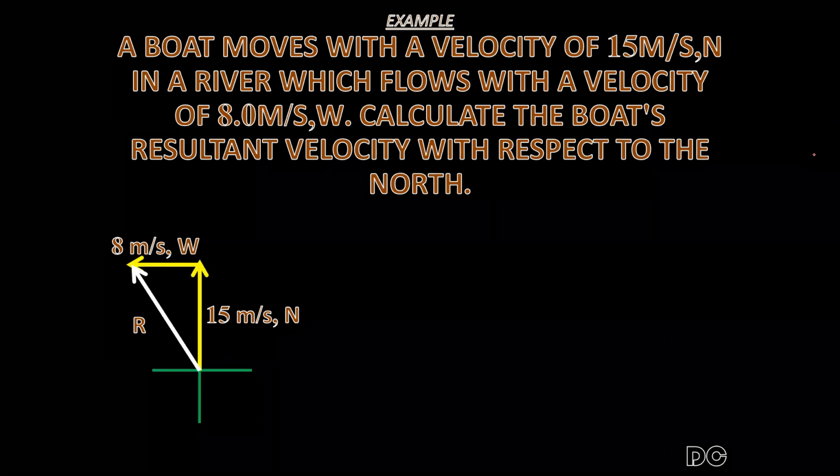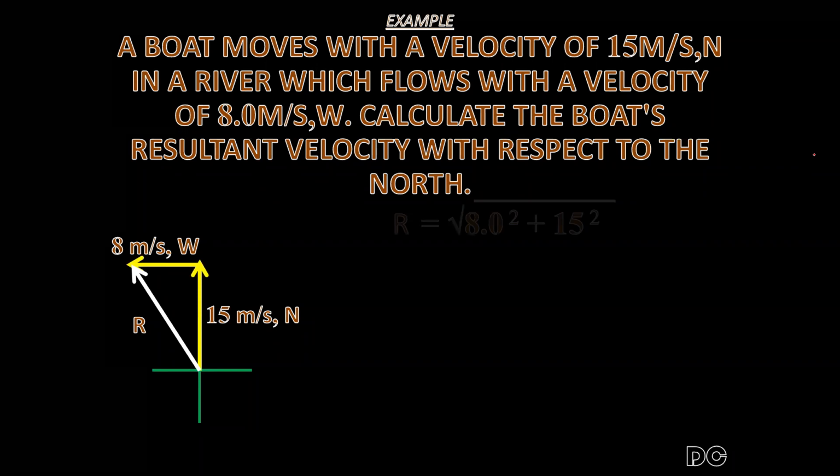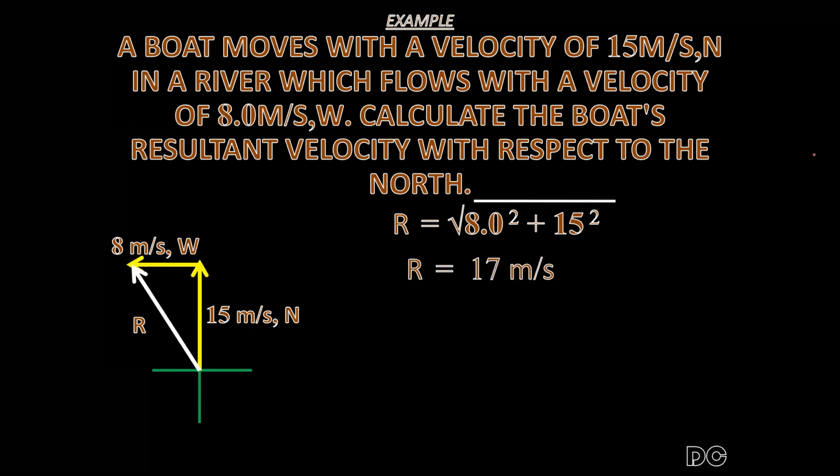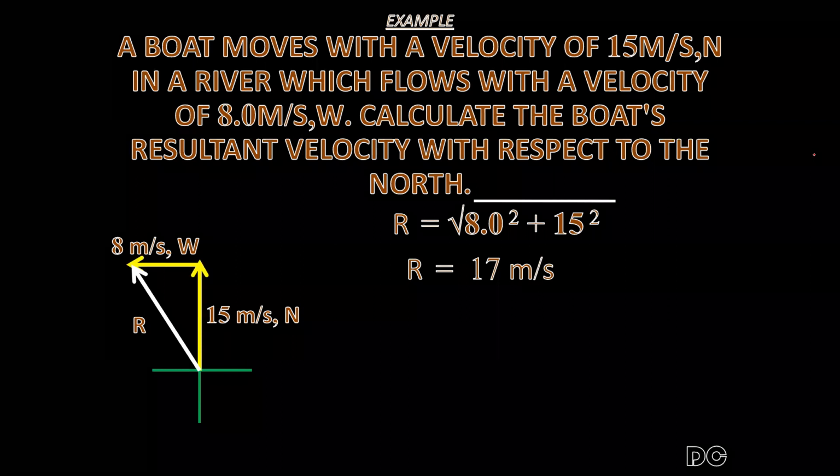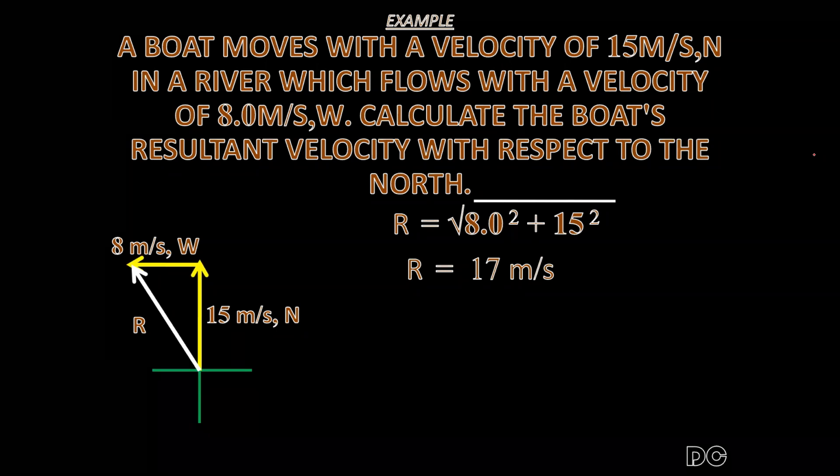Okay? Kasi specific yung tanong eh. Okay, so to solve for the resultant using the Pythagorean theorem, 8.0 square plus 15 square. So the resultant is now equal to 17 meters per second. So that is the resultant after applying the Pythagorean theorem.